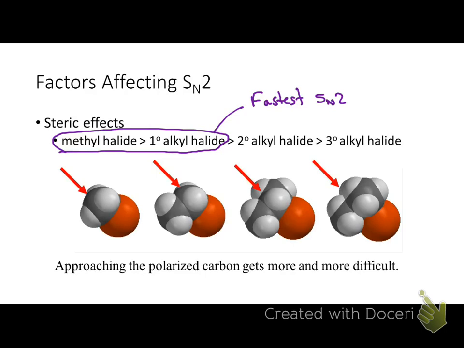Okay, so the general reason why this is the fastest and this is the second fastest is because as you put more groups, so this guy is CH3, that looks like Br. This is CH3CH2Br.